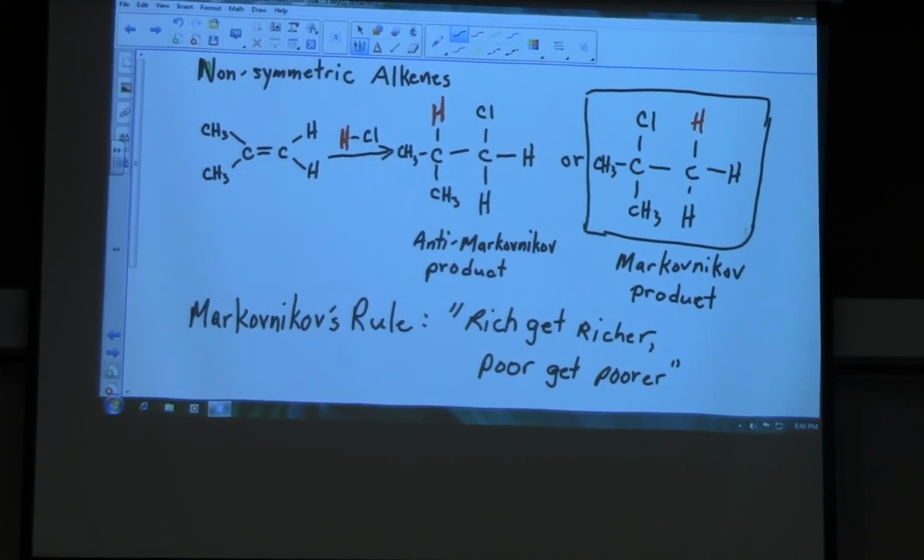Well, if I were to look at my alkene that I'm starting with and examine the two sides that I could react with, this carbon or this carbon, which is the more substituted carbon? Blue or green? Blue. Okay, which one has more hydrogens? Green. So which one's richer in hydrogen? Green. So the new hydrogen is going to be attached to the green carbon.